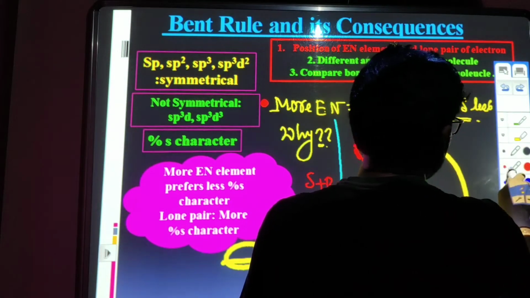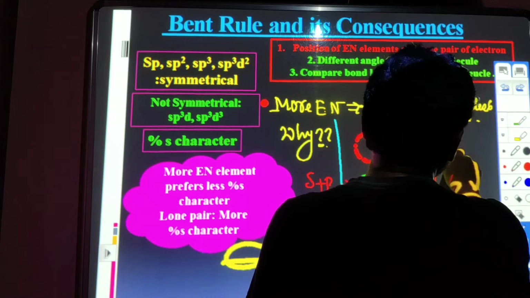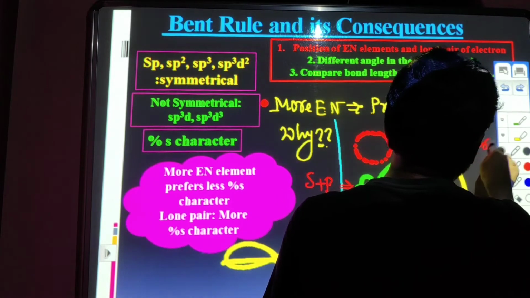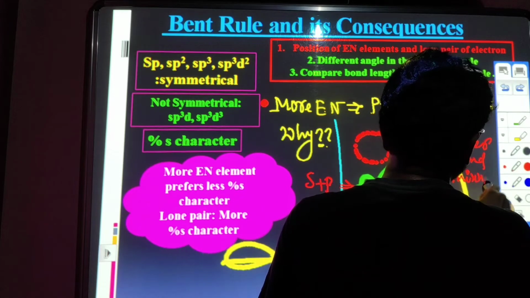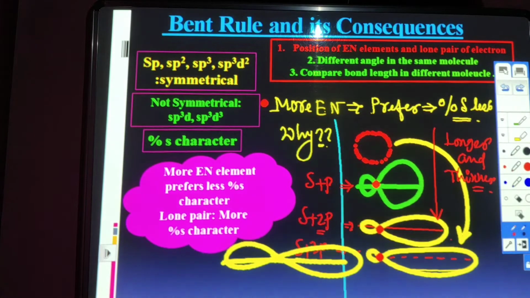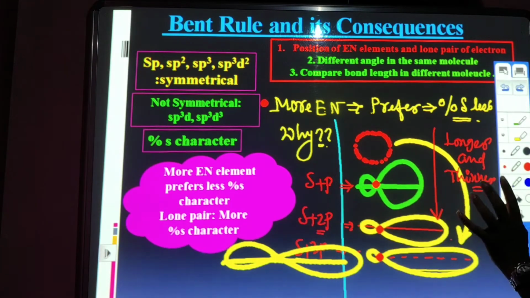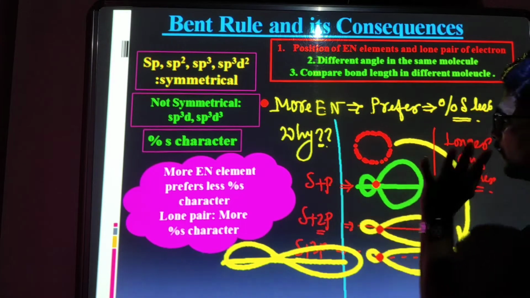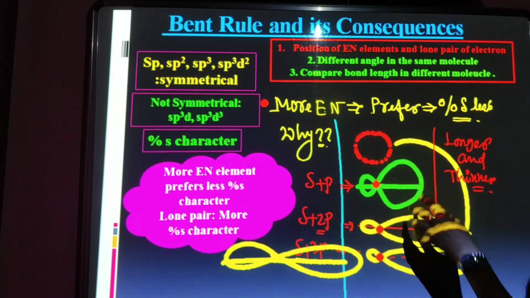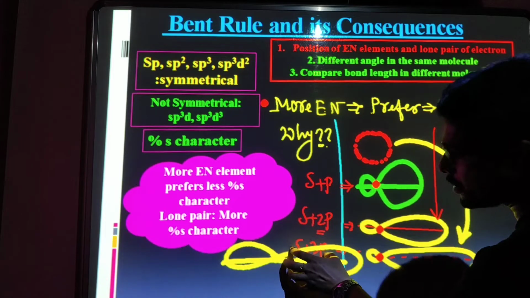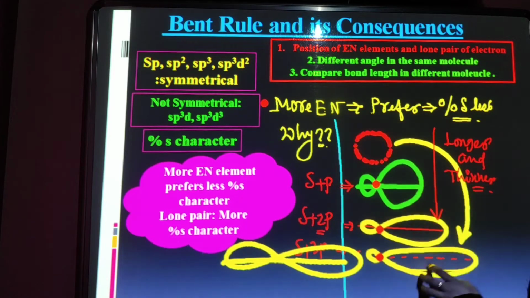So from here we can write this is longer and thinner. Longer and thinner. Okay, no problem. Now let me tell you one thing, that out of these orbitals, 1, 2, 3, 4, 5.